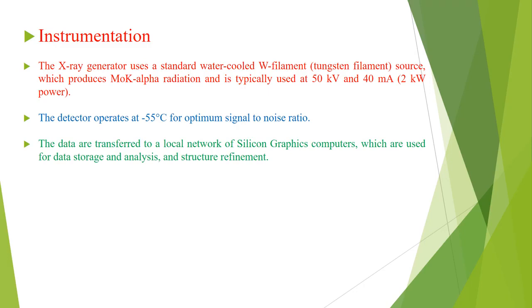The detector operates at minus 55 degrees centigrade for optimum signal to noise ratio, and the analog signal from the detector is digitized by the camera electronics unit, which allows adjustment of the detector gain and exposure times under control of the attached Pentium PC.